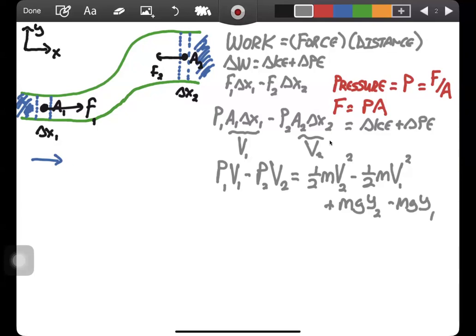So what I've done is I've taken this concept of work and how it's related to kinetic and potential energy, and now I've written it in terms of pressures, and then the velocity of the fluid, and the mass of the fluid, and the height of the fluid.